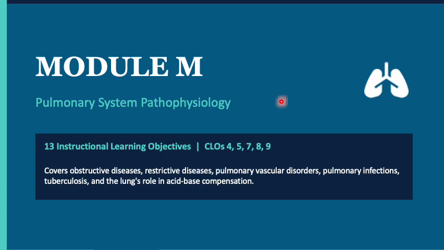I didn't list all of the 13 instructional learning objectives, but we will cover obstructive disease, restrictive disease, pulmonary vascular disorders, pulmonary infections, TB, and the lungs' roles in the acid-base compensation, which was mainly presented in Module L. Although I didn't list all the instructional objectives, I will put the instructional objective, like the IOL and the number, at the bottom of the slide so that you'll know where to find it in your syllabus.